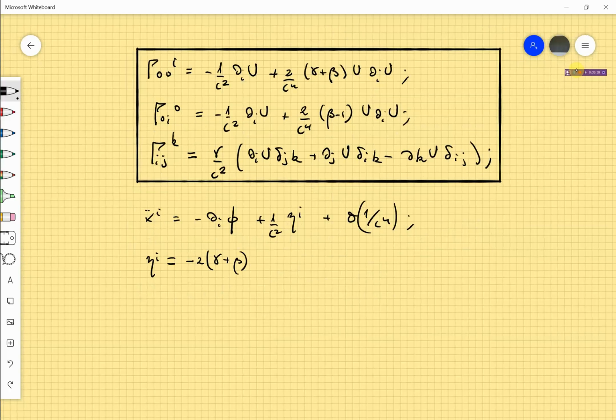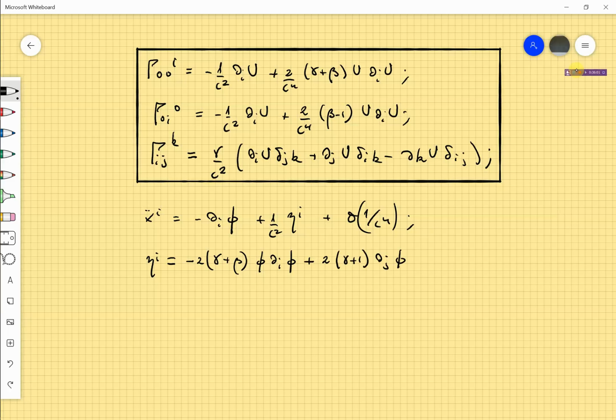Remember that eta i contained a lot of terms in the general relativity case, but that was because it was the general relativity case with non-vanishing velocities, non-vanishing internal energy, and so on. And here this is eta i just for a particle at rest at the origin.